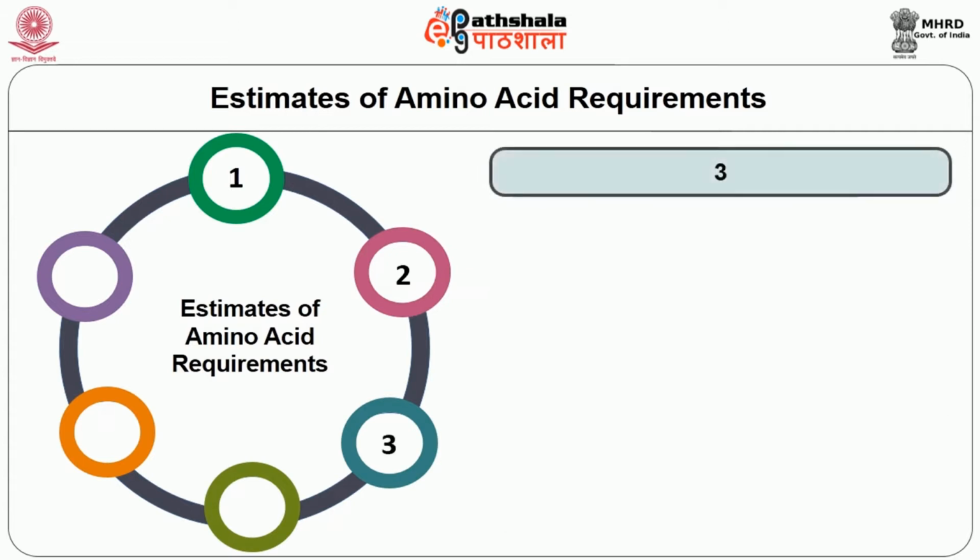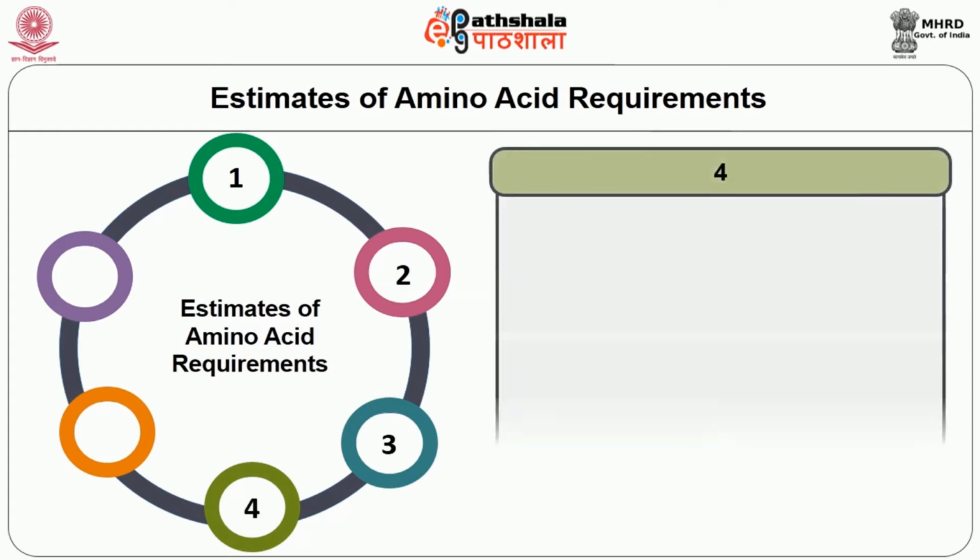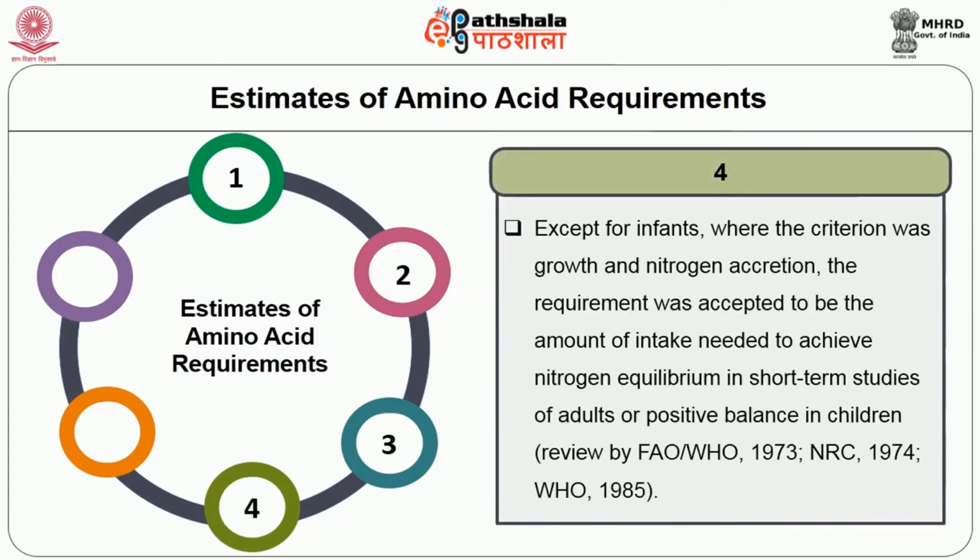The essential amino acid requirements for infants, children, men and women were studied extensively from 1952 to 1970, except for infants where the criterion was growth and nitrogen accretion.